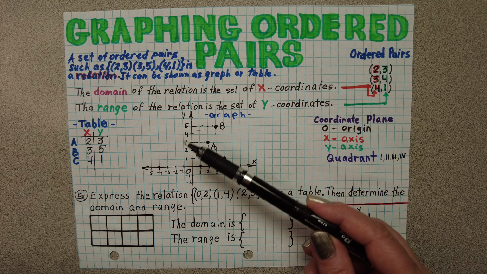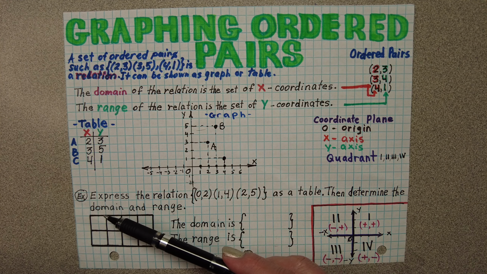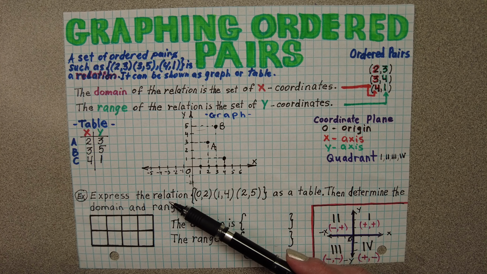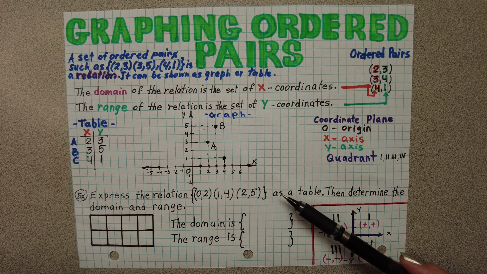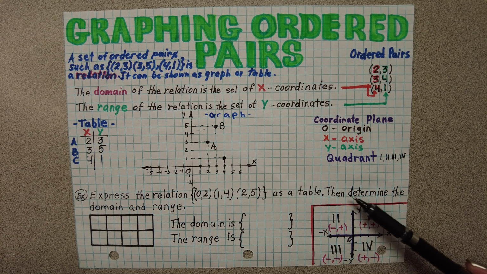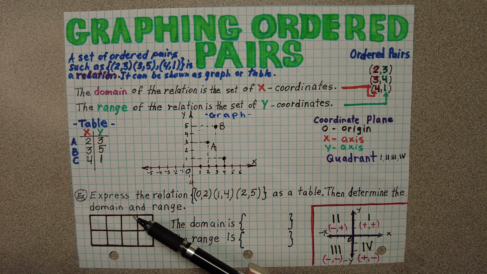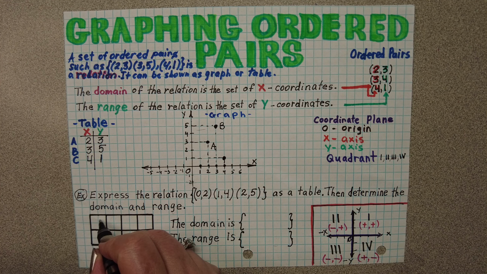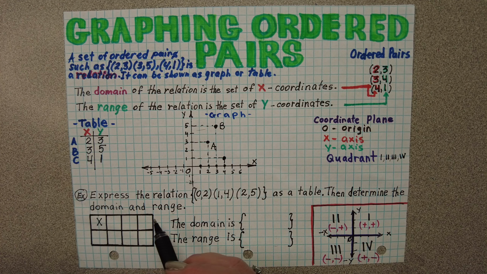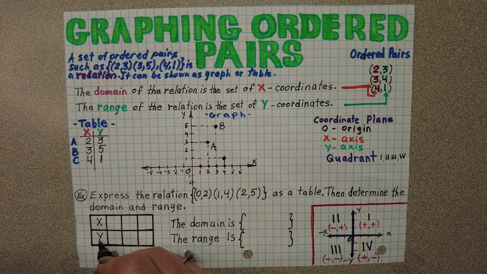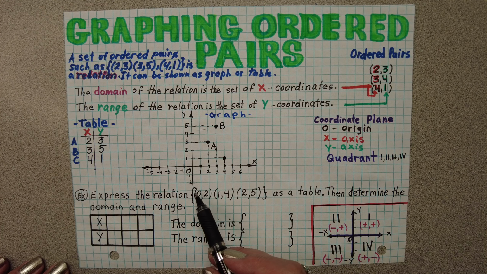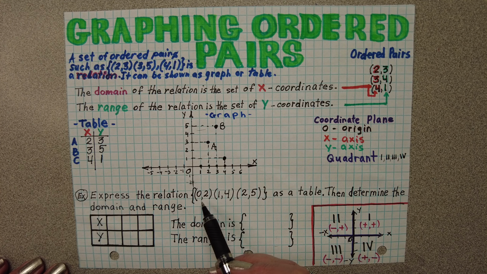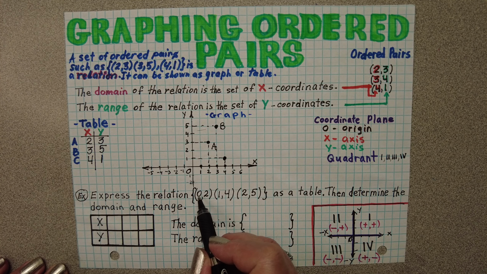Let's see this exercise. It says express the relation (0, 2), (1, 4), and (2, 5) as a table. Then determine the domain and range. So our domain was x. Our range is y. So how do we express the relationship? We have number pairs, ordered pairs. First one is x.